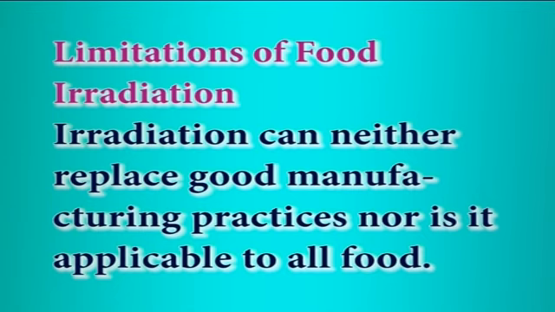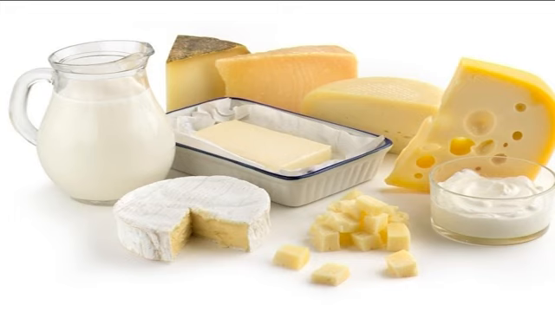Limitations of food irradiation. Irradiation can neither replace good manufacturing practice nor is it applicable to all food. For example, dairy products such as milk and butter can develop an off odor when treated by irradiation. Microbial toxins such as staphylococcal enterotoxin and aflatoxin produced by Aspergillus cannot easily be inactivated by irradiation.